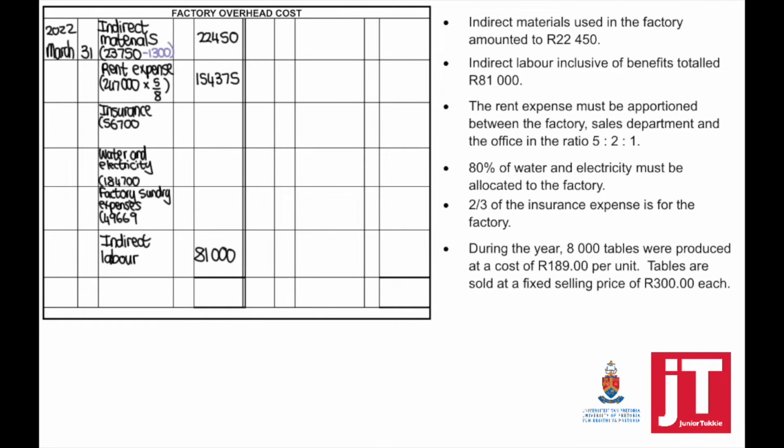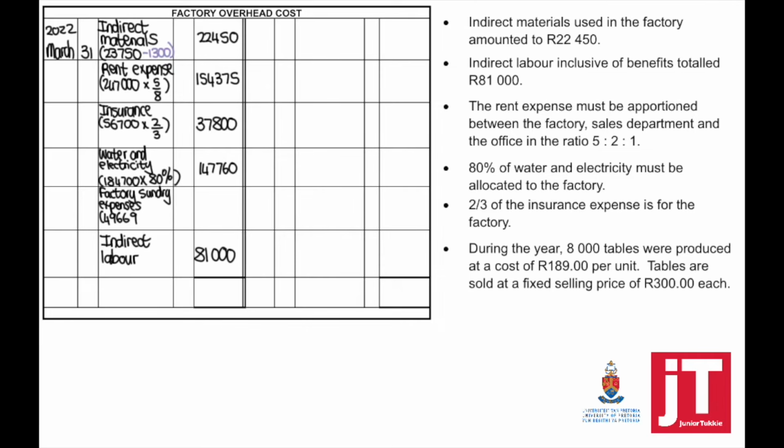This means my water and electricity, we're going to times that by 80% to find out what was the total water and electricity spent in the factory. 2/3 of the insurance expense is for the factory. This means insurance, 56,700 times 2 divided by 3 equals my total expense for insurance in the factory overhead cost.